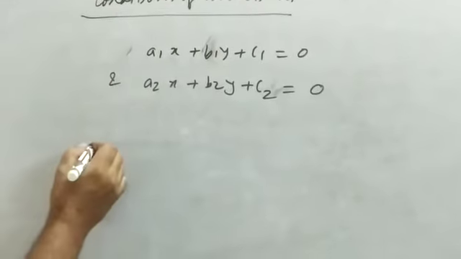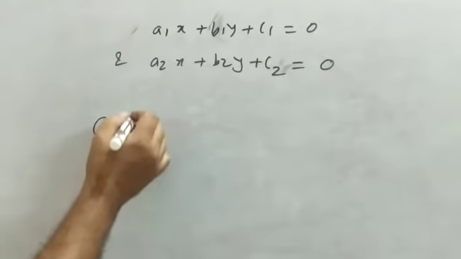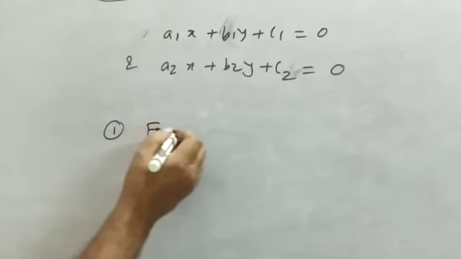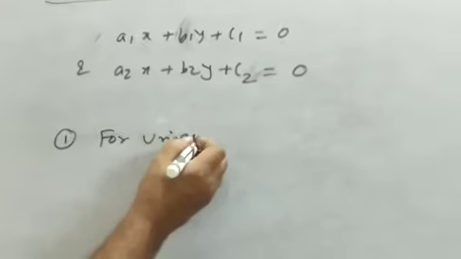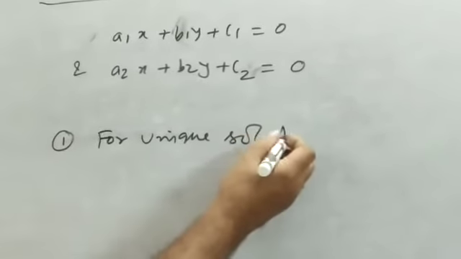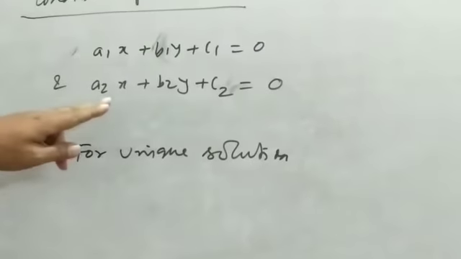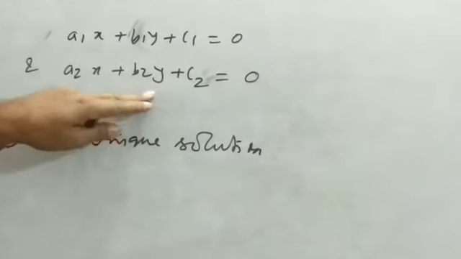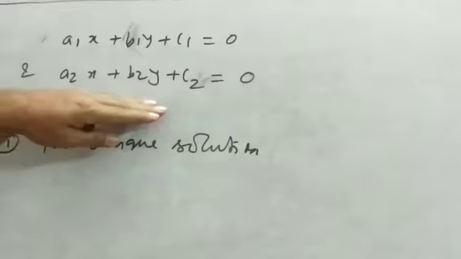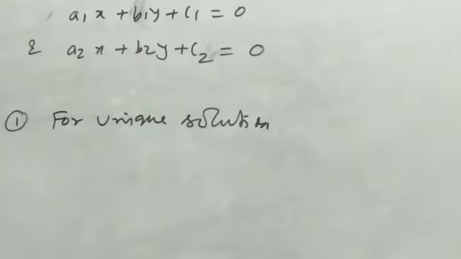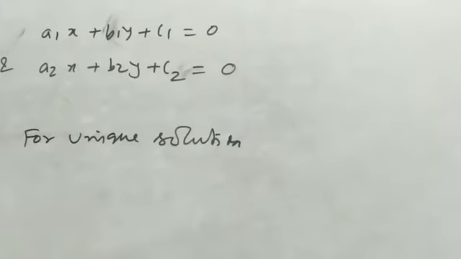Here you see the first condition, for unique solution. Unique solution means if we solve these equations, we get one value of x and one value of y, so the equation has a solution. Then you see what is the condition. Without solving, how will we say that these 2 equations have a unique solution?